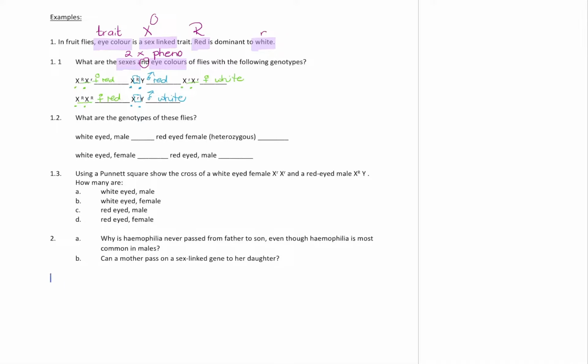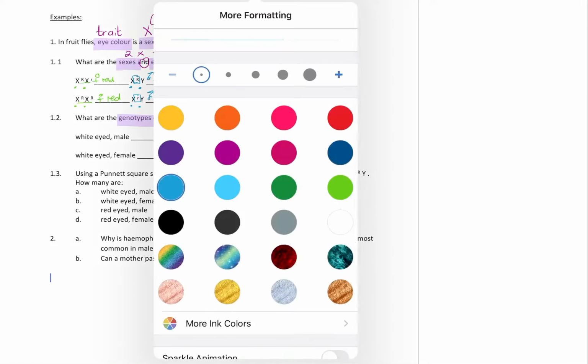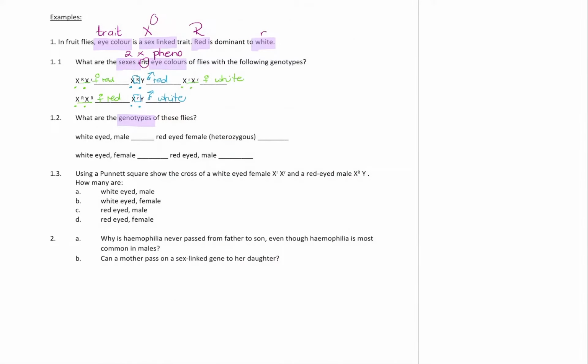Right, the next question. What are the genotypes of these flies? The first one is a male. So we've got over here that it's a male and it's white-eyed. So male is XY. And a reminder that males carry the allele on the X chromosome only.